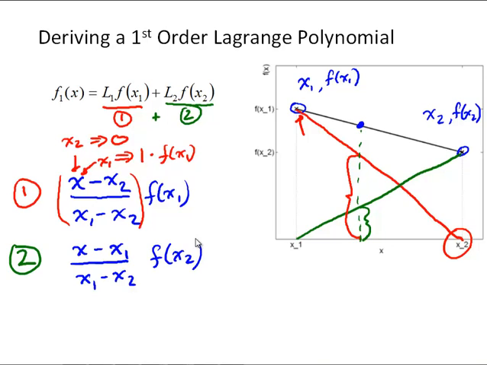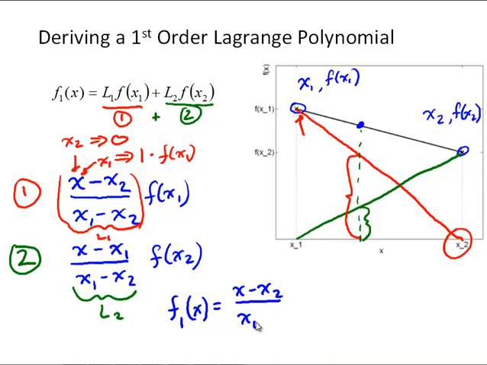So this would be our weighting coefficient L1, and this would be our weighting coefficient L2, and then we can write our final first order Lagrange polynomial, f1 of x is equal to x minus x2 over x1 minus x2 all times f of x1 plus x minus x1 over x1 minus x2 all times f of x2.